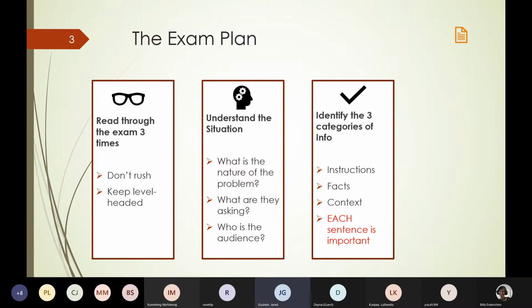What is the nature of the problem? What are they asking me? Are they asking me to do a presentation, or a formal letter? Am I talking to a financially astute audience, or a classroom of school children, and I have to then change my tone appropriately?